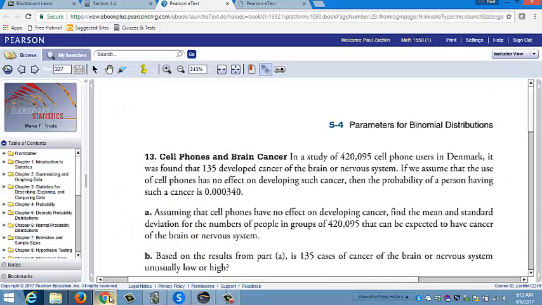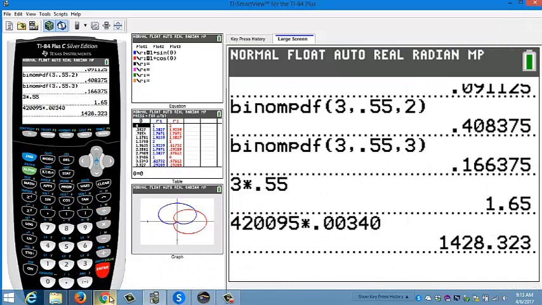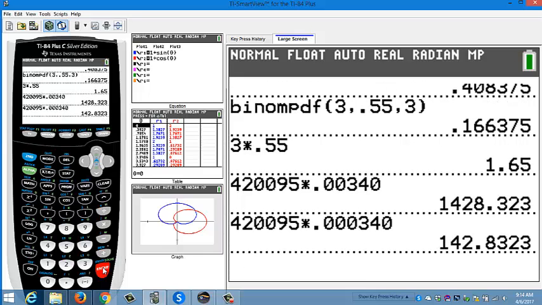You guys said 0.000340. Okay. So we'll try again. I need another 0, you're saying, Dylan? Yeah. 0.000340. Yeah, okay. So what's the expected number of people that should get cancer in Denmark?